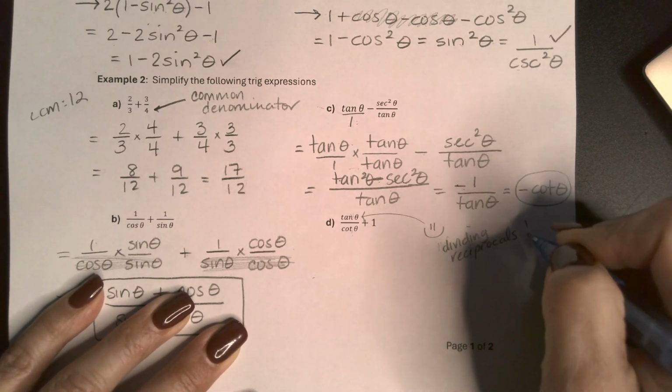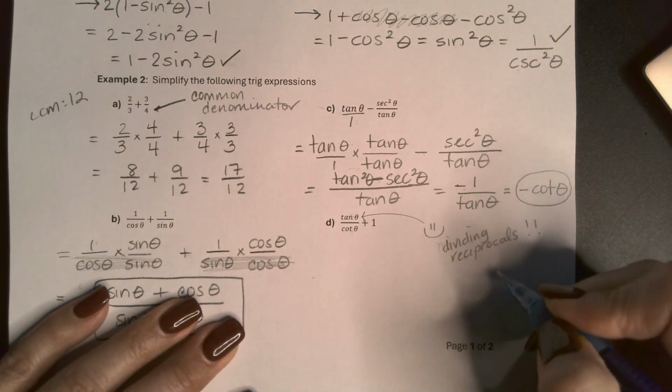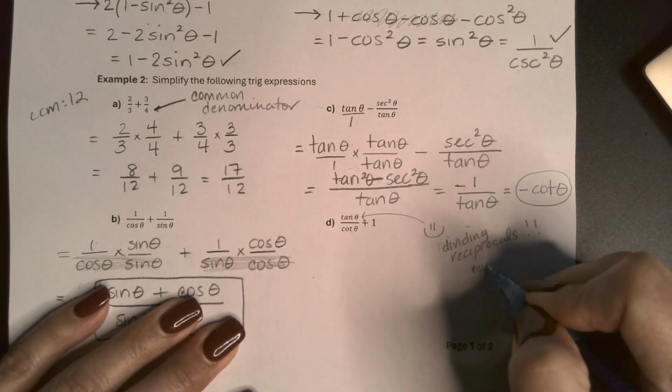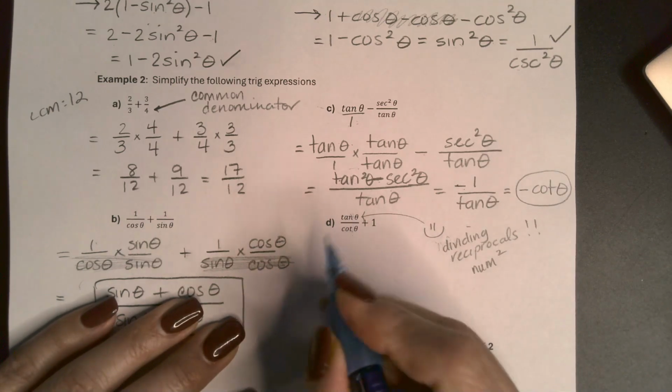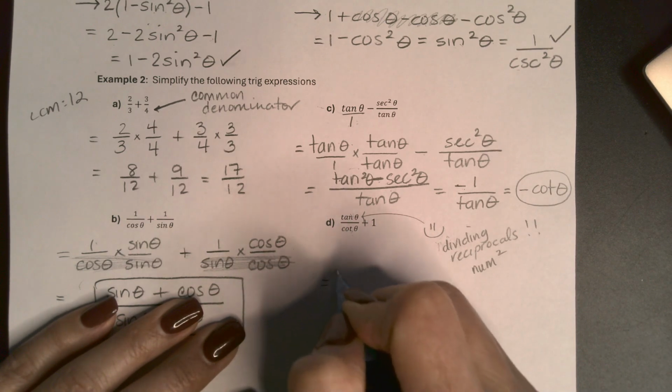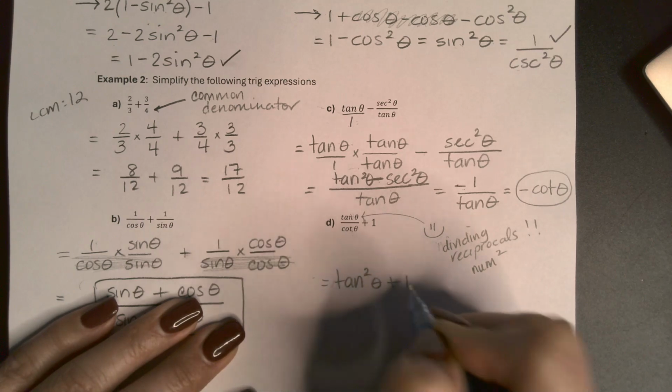That should bring us much joy because we know that when we divide reciprocals, we always find out what the numerator is and square it. So tangent over cotangent, that's just going to be tangent squared theta plus 1.